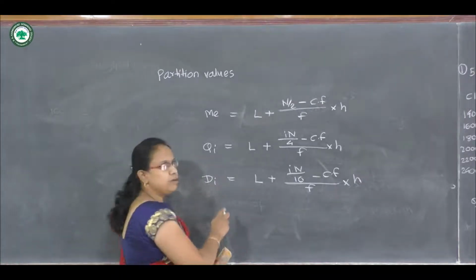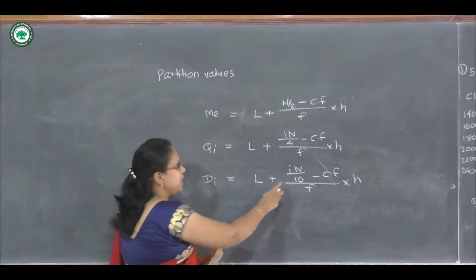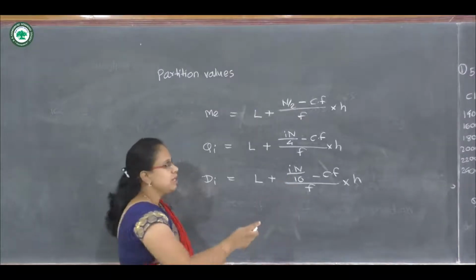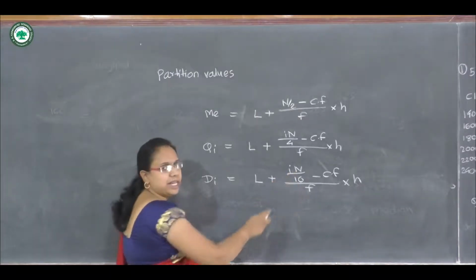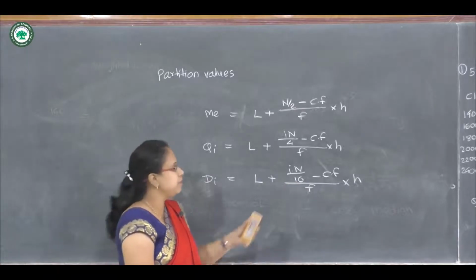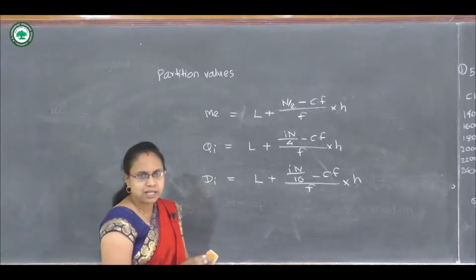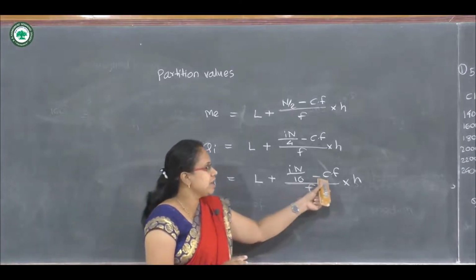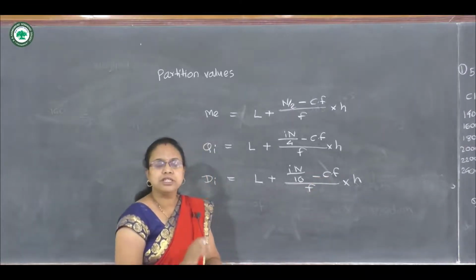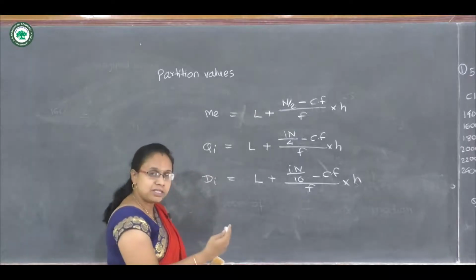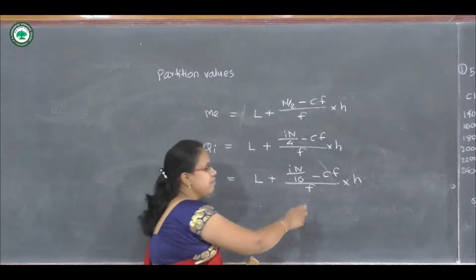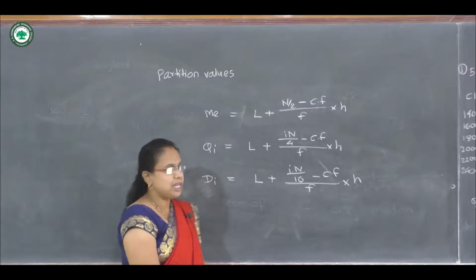Means if we want to find D1, then first we have to find the n upon 10th, that is the size of the n upon 10th class. That is, we will get our decile class from the given data. Cf means the cumulative frequency of the previous decile class, and F is the frequency of that decile class, into class width.